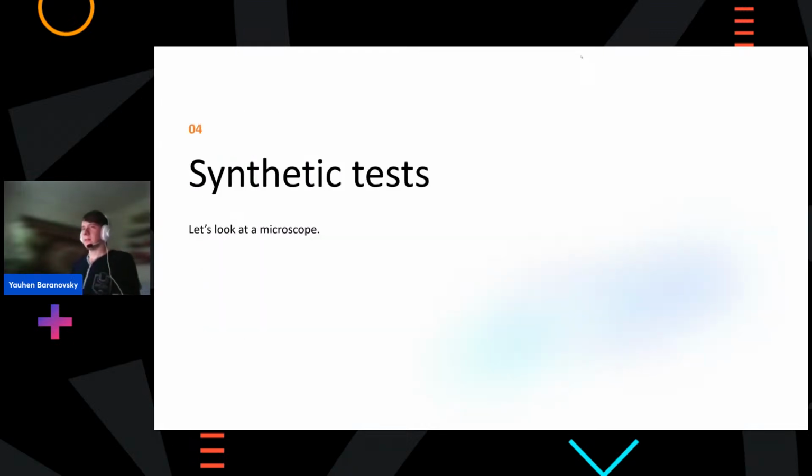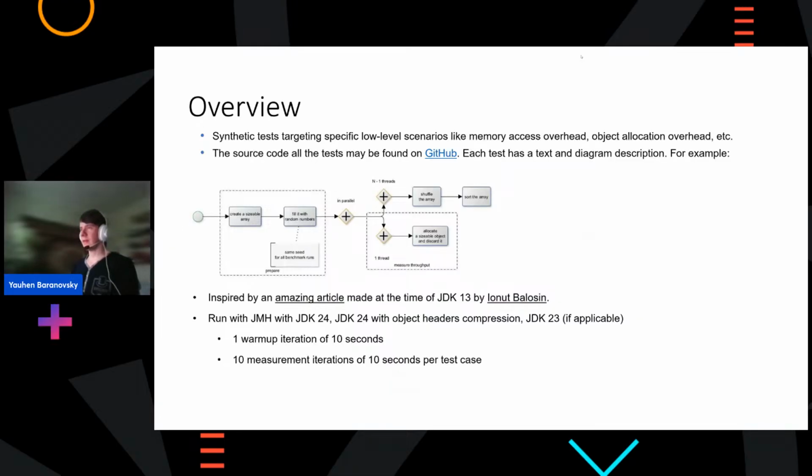Now let's jump into the first part of tests. This will be about synthetic tests to see how our theory concepts map onto reality with different garbage collectors. And don't worry about this slide with some diagrams.